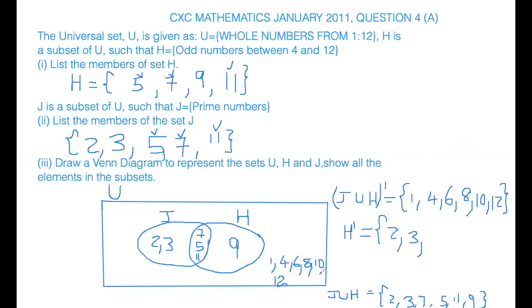But also these numbers, because by right they are not in H. So you're going to have 1, 4, 6, 8, 10, and 12.